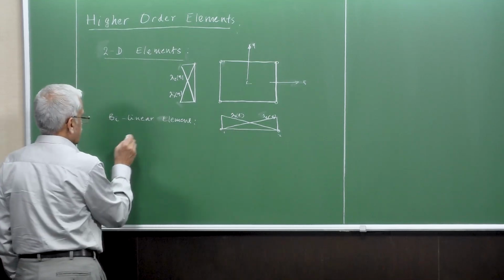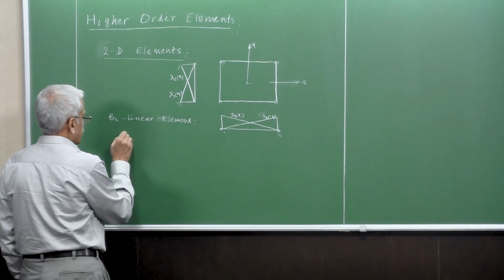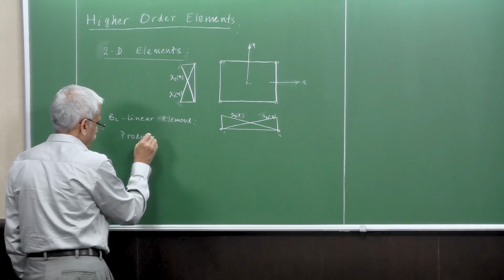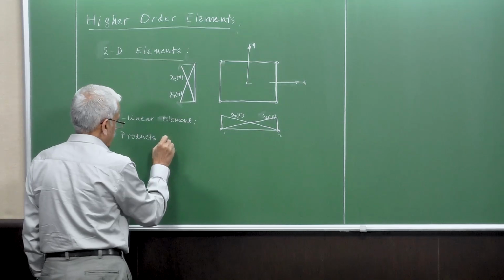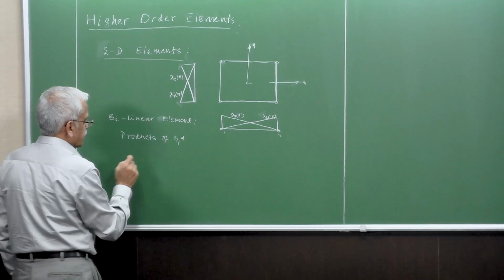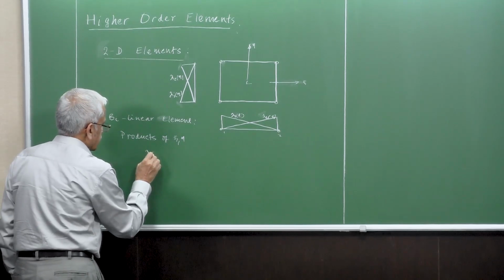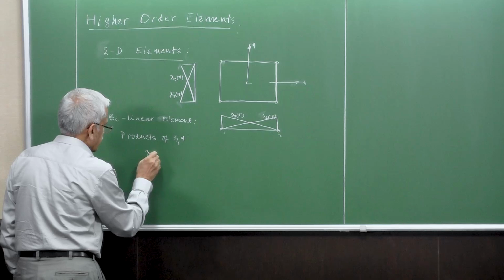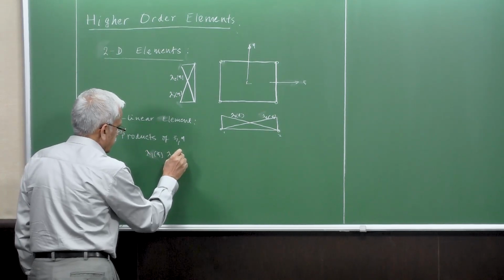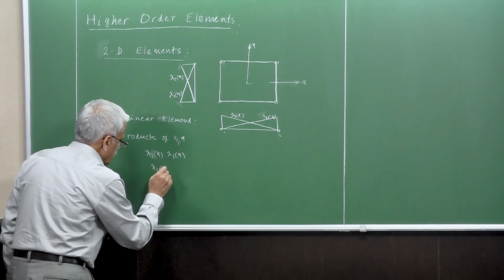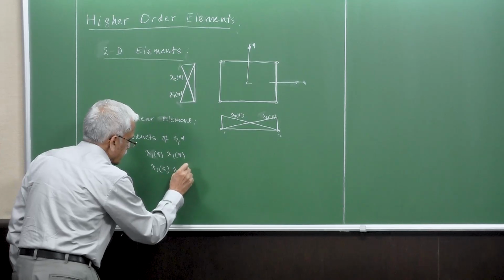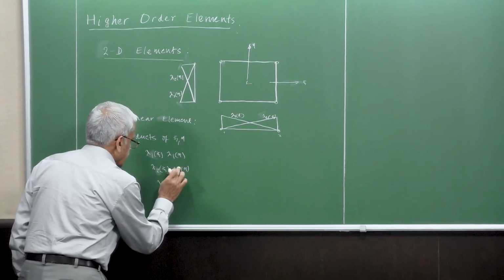The various products are products of psi and eta. So we have 2 here, 2 there, and we get 4 products, and that's lambda 1 psi, lambda 1 eta, lambda 1 psi, lambda 2 eta, lambda 2 psi, and lambda 1.